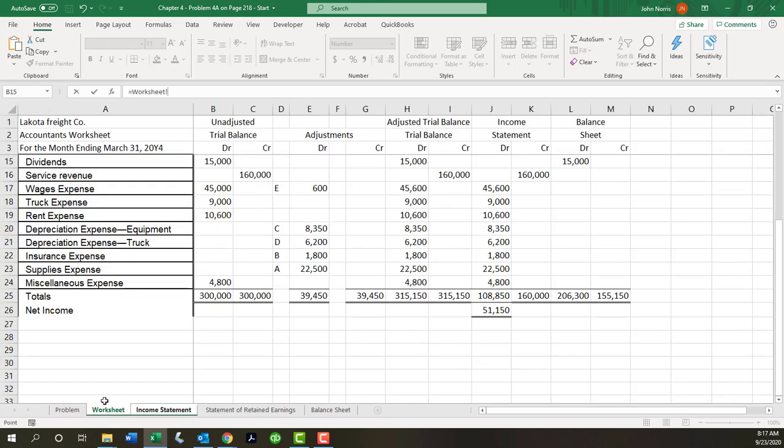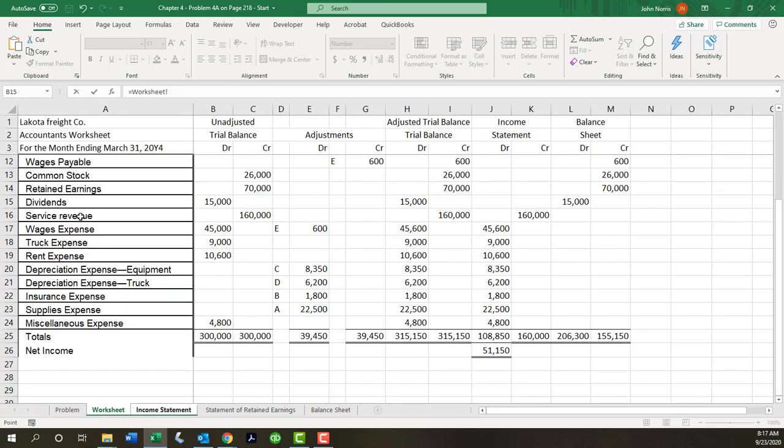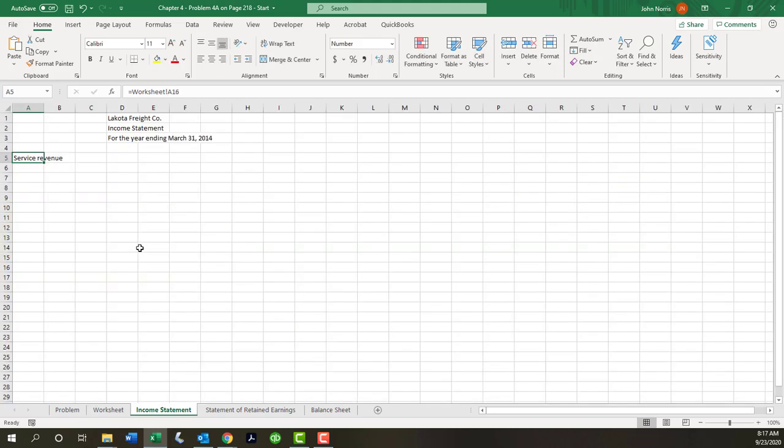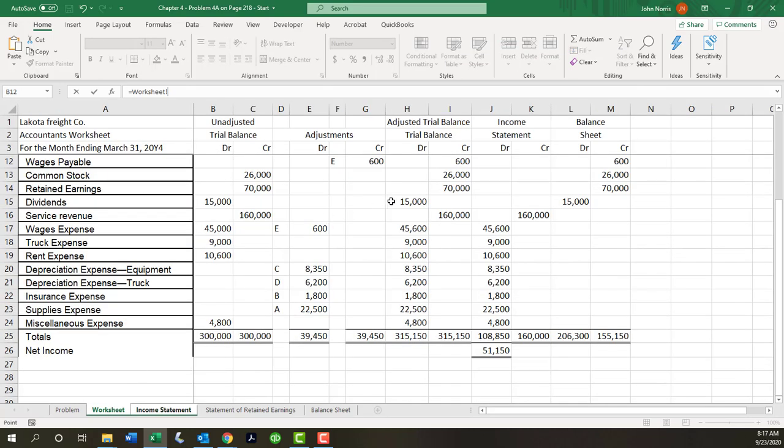Revenues consist of service revenue, which equals $160,000.